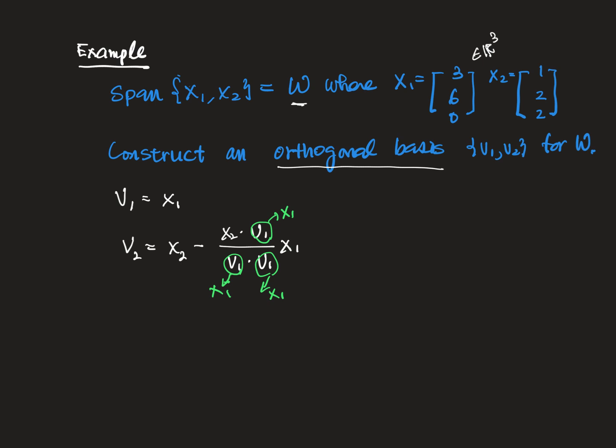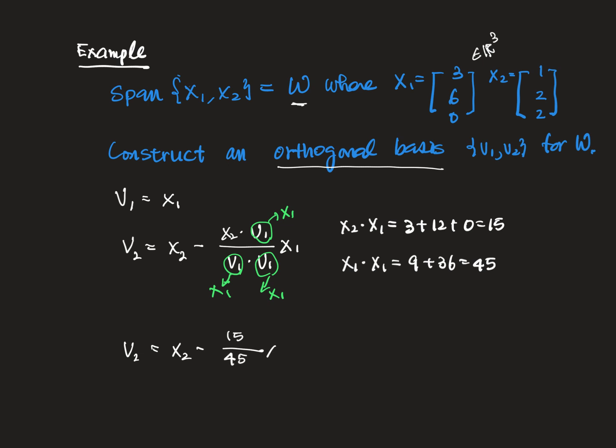Let's find the inner products first. x2 inner product x1 is 3 plus 12 plus 0, which is 15. x1 inner product x1 is 9 plus 36, that's 45. So v2 is the x2 vector minus the scalar component 15 over 45 times x1. So this is x2 minus 1 over 3 x1.